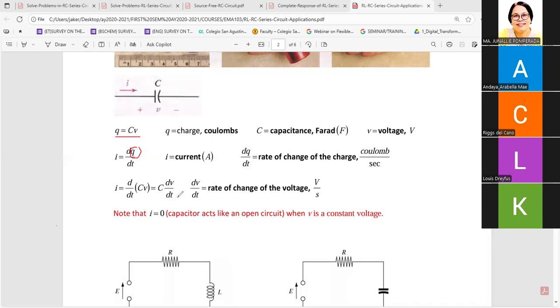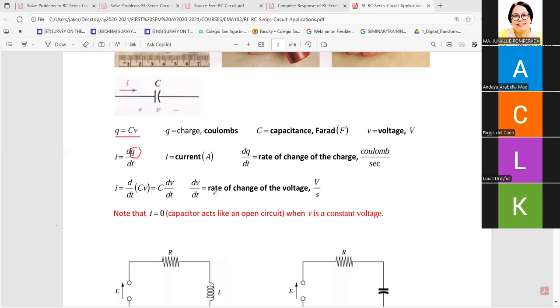So we can say that for the current in your capacitor, aside from representing it as dq dt, or the rate of change of the charge in your capacitor over time, it could also be represented by the capacitance multiplied by the rate of change of the voltage over time. That is the voltage drop across your capacitor.